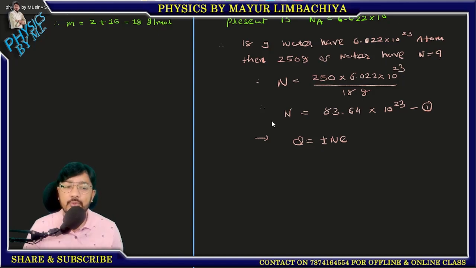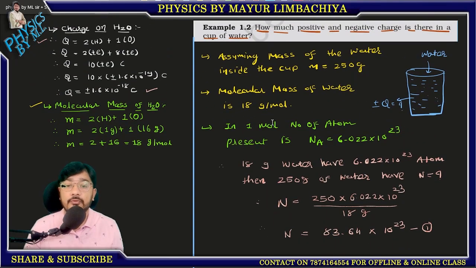If we have to find out the total charge of 250 gram, then we can use Q is equal to the value present here, 83.64 into 10 raised to 23, multiplied by plus or minus the charge of one molecule of H2O.